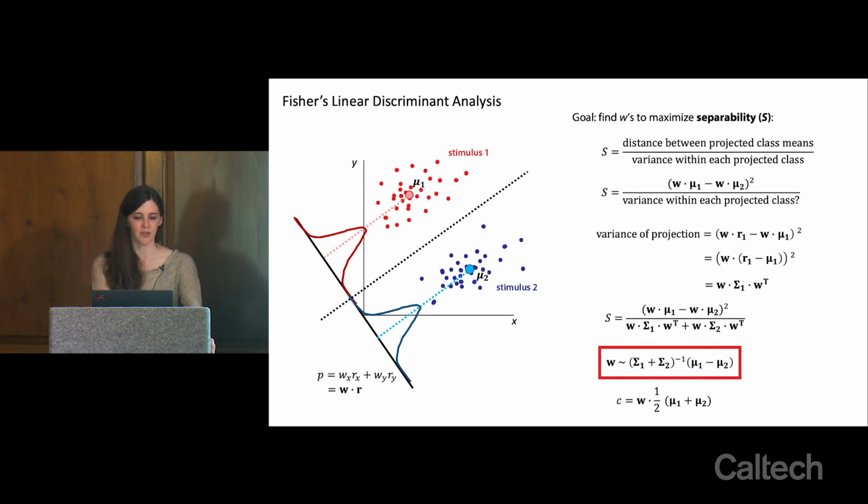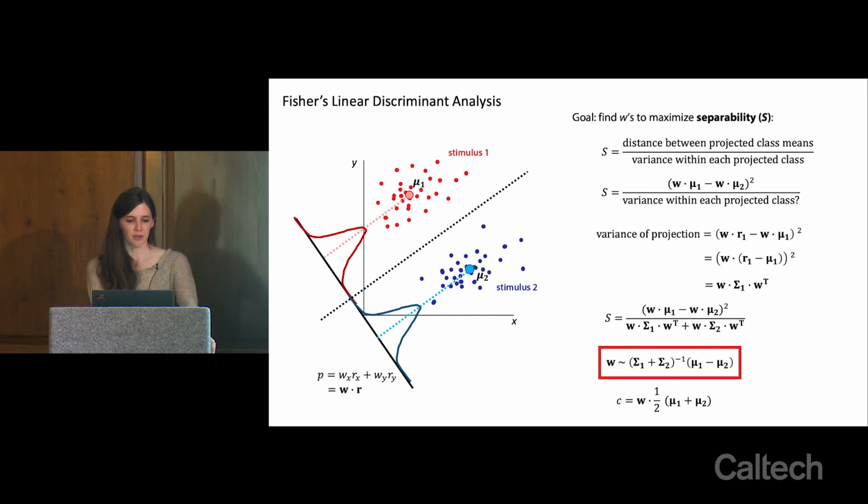And from the separability, we can solve for the value of W that maximizes this signal, and just get that in terms of the variances of the two projected distributions and the difference between the means of those distributions. So this gives us a set of weights that defines our projection dimension.